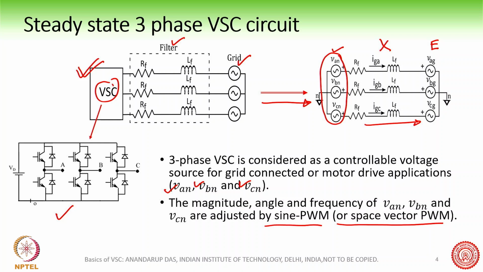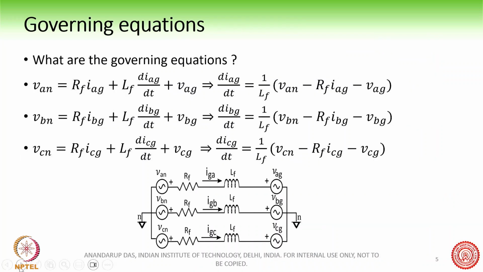If I write down the governing differential equations, we can easily write it: VAN is RF IAG plus LF dIAG/dt plus VAG. We can also rearrange the terms and write it this way.